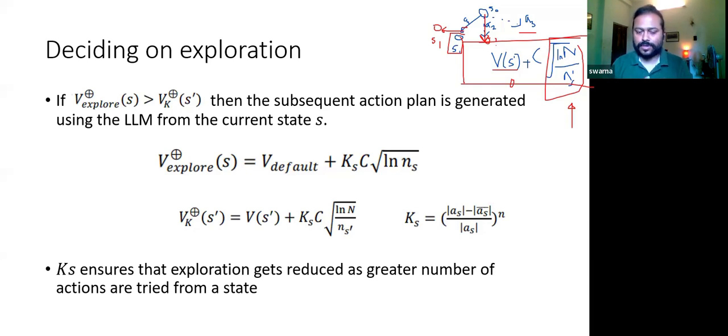So 3 child states are known, and for these you know this VK plus. Now you can calculate this metric for S1 to S3, and based on it you can select which child state to explore, S1, S2, or S3. You're going to select the maximum of these 3 child states.